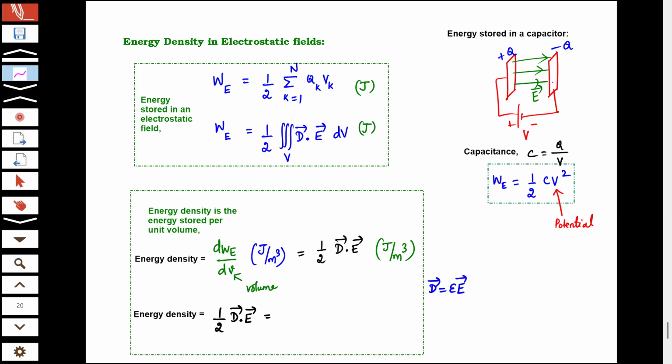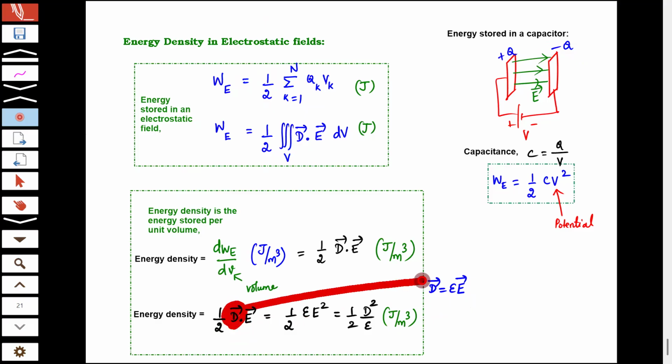Now, this D and E can be related as D equals epsilon E. We know if the insulating material or the dielectric material has the dielectric constant epsilon between the two plates of the capacitor, then we can write flux density D as epsilon times E. In that case, this half D dot E can be written as half into epsilon E square. D can be written as epsilon E by using this relation, so epsilon E dot E will be E square.